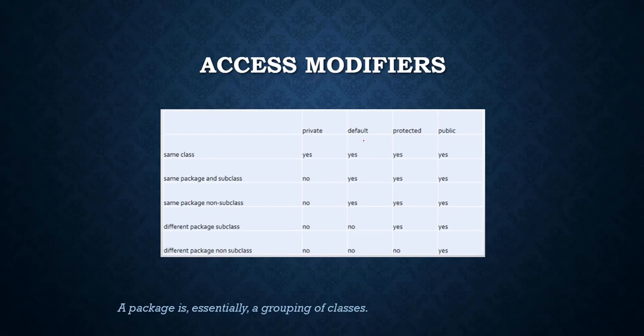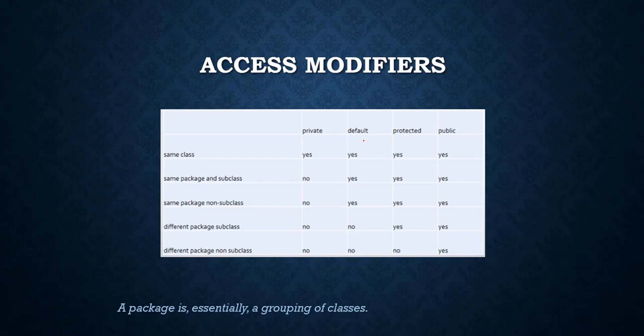If it is a default access modifier, then it can be accessed within the same class, in the same package, by a subclass in the same package, and also by a non-subclass within the same package. Here, a package typically represents a group of classes.